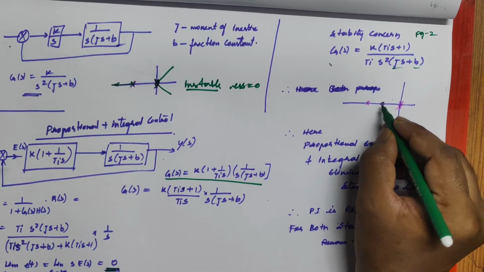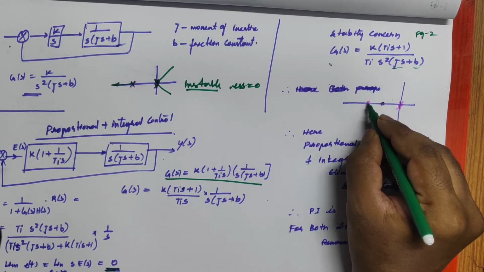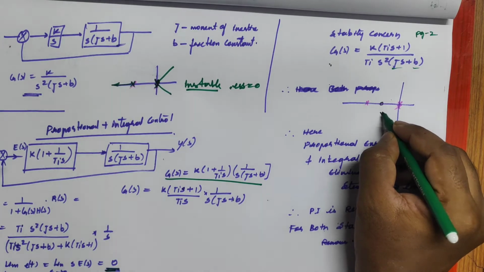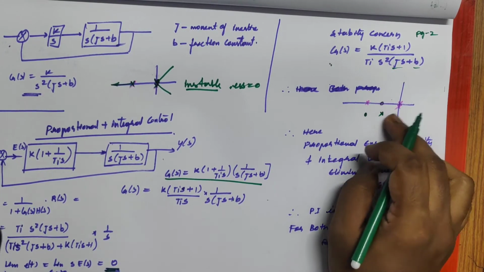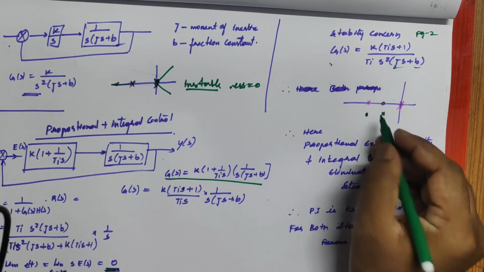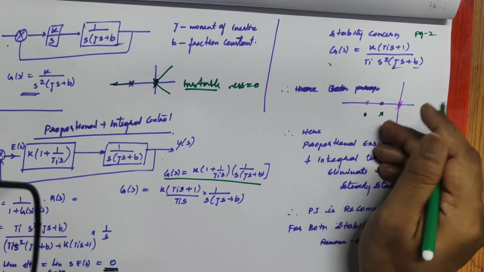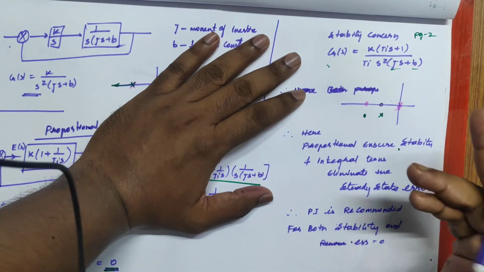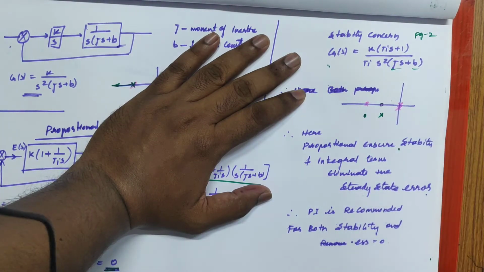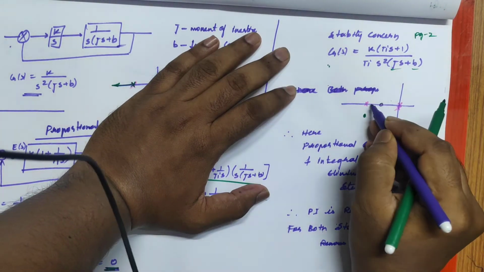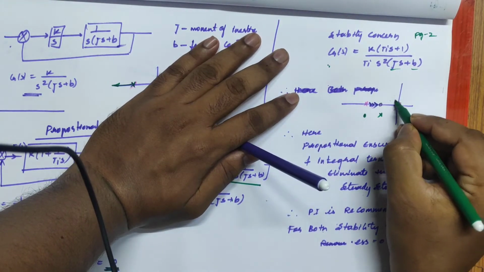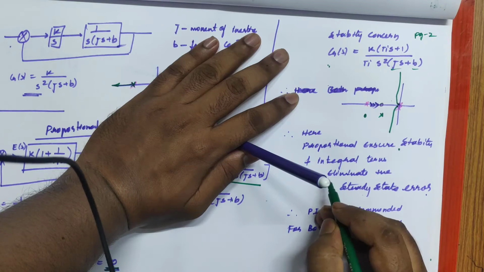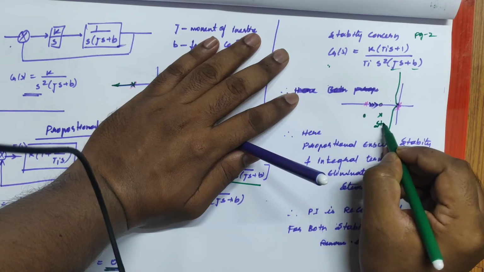So either the zero is here or here, either way, this will not lead my system to instability. So can the root locus be like this? Can I draw it? We have seen something previously for this type of thing. So my root locus is shifted like this, right? This is stable, right?